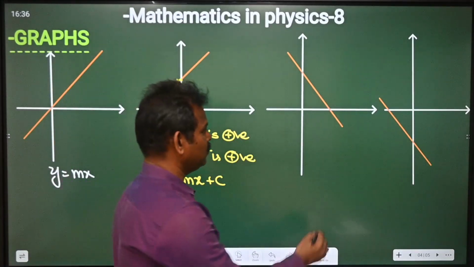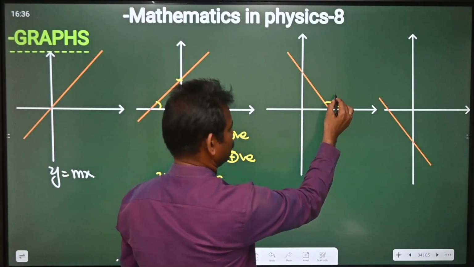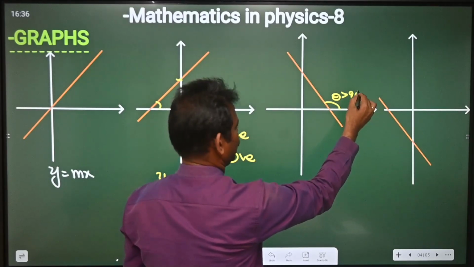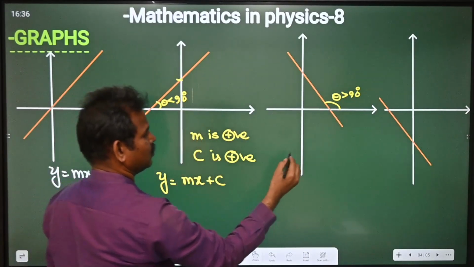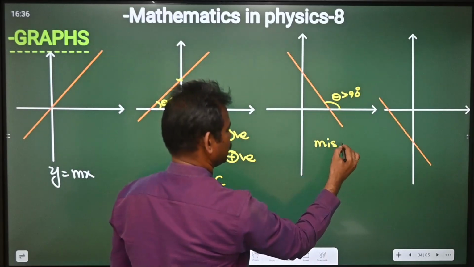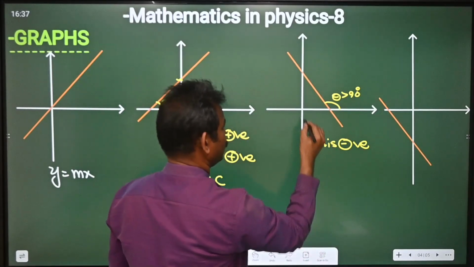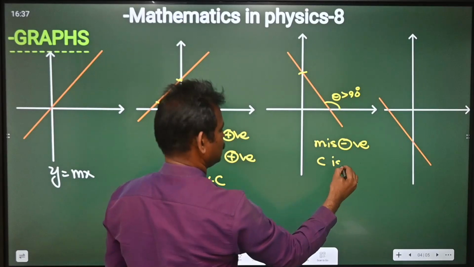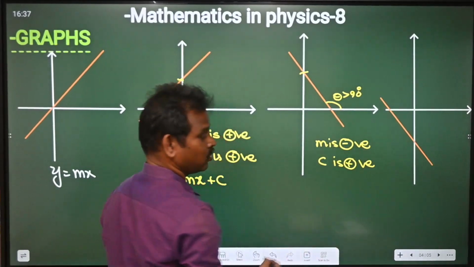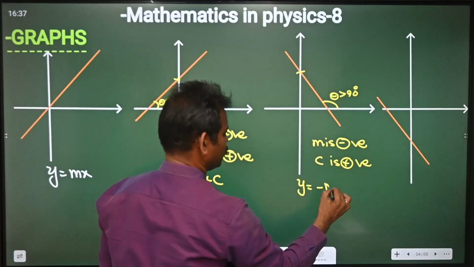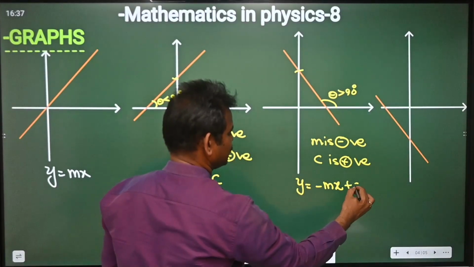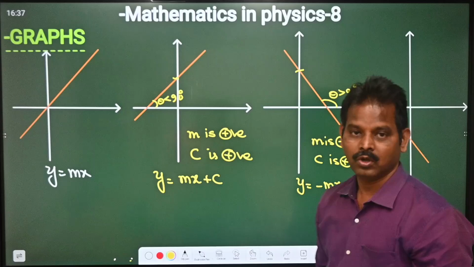Next one, if you take this one, here theta is greater than 90, in the earlier one theta is less than 90. So here m is negative, but c is positive. The corresponding equation for this graph is y is equal to minus mx plus c because the slope is negative, the angle is more than 90.